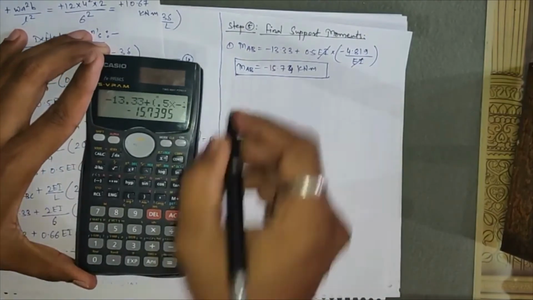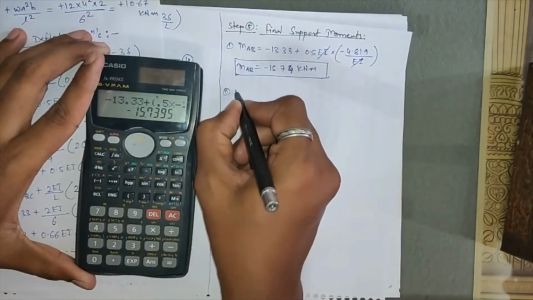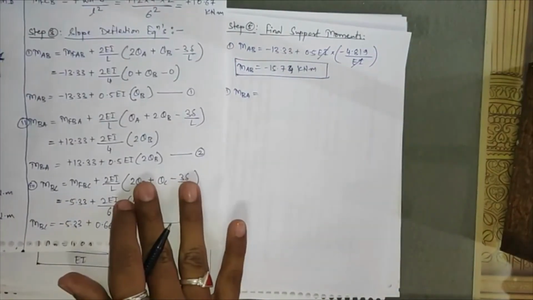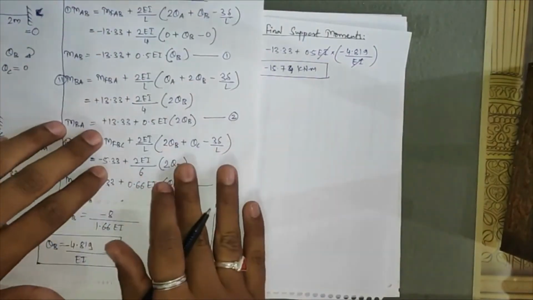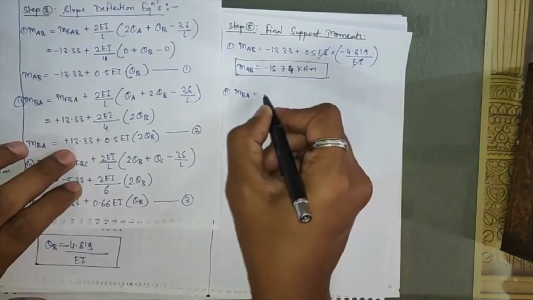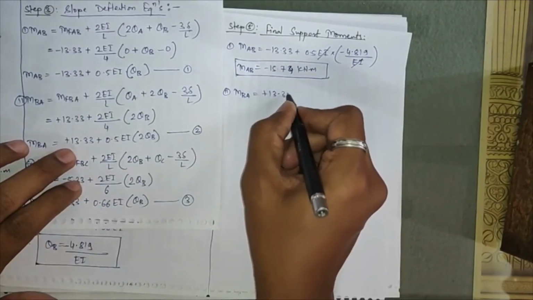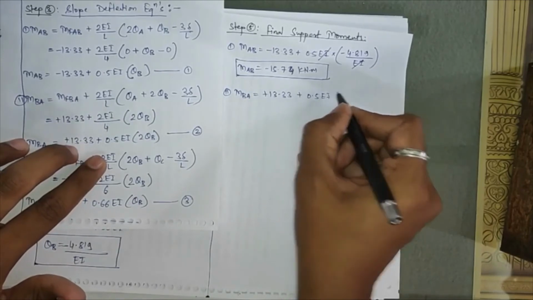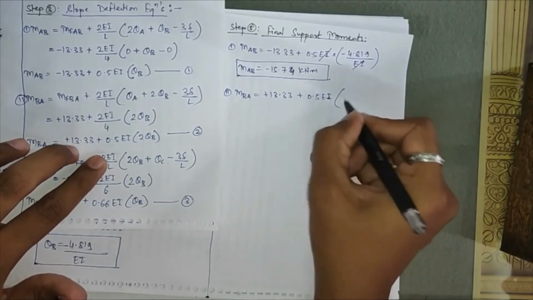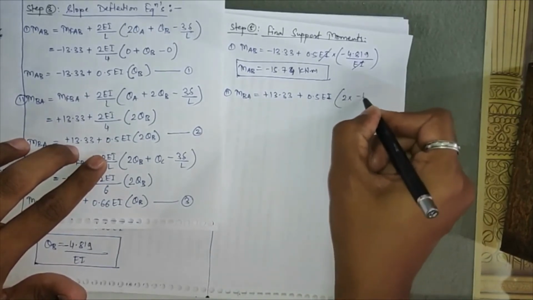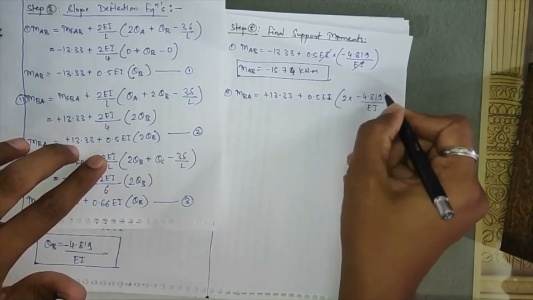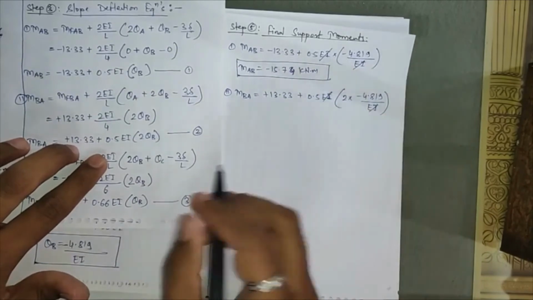Getting this? Then the second one, the MBA equation. I have 13.33 plus 0.5 times EI into 2 times theta B, that is minus 4.819 divided by EI. Again EI will get cancelled.